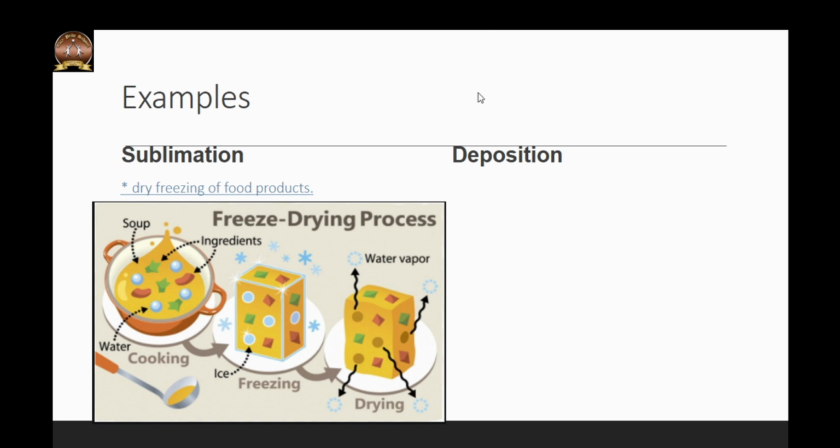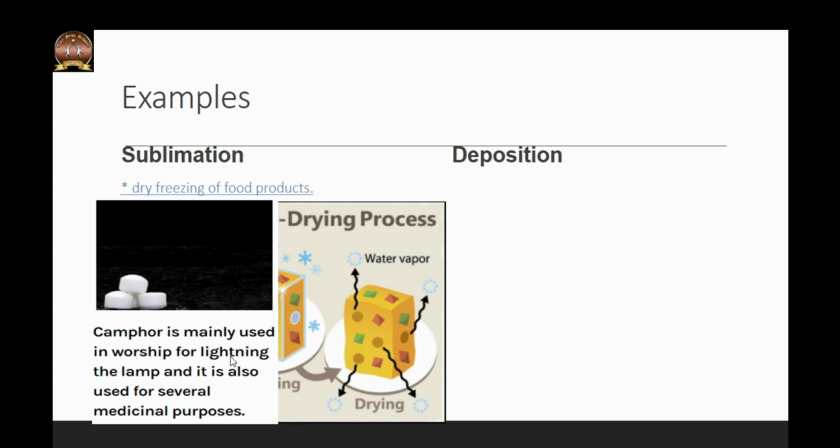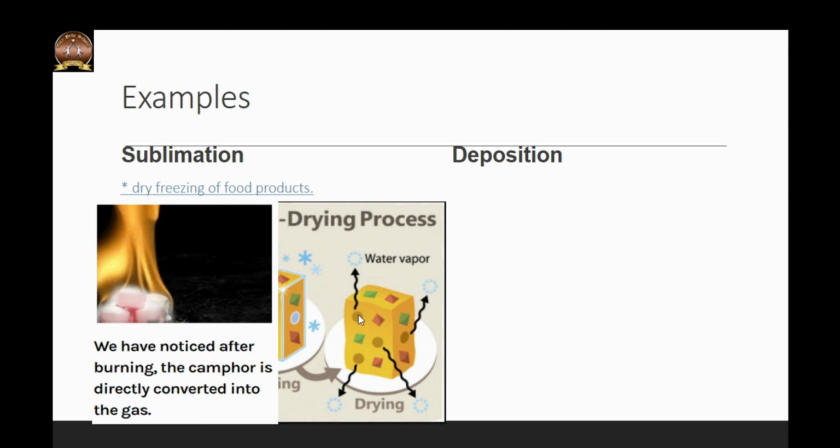Another very common example of material that sublimates is camphor. Camphor is used very commonly in worship for lighting the lamp, and also it has many medicinal properties. Camphor, you must have noticed, when burned, directly converts into the gaseous state without undergoing an intermediate liquid state. So this is also a good example of sublimation.